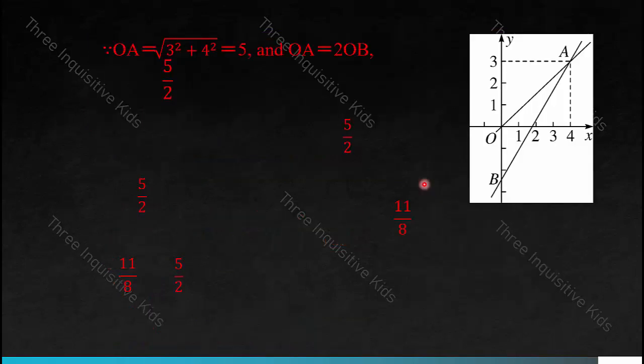We can think of OA as the hypotenuse of a right triangle, meaning we can apply the Pythagorean theorem. So OA is equal to the square root of 3 squared plus 4 squared, which is equal to 5. And since OA is equal to 2OB, we know that OB has a length of 5/2.